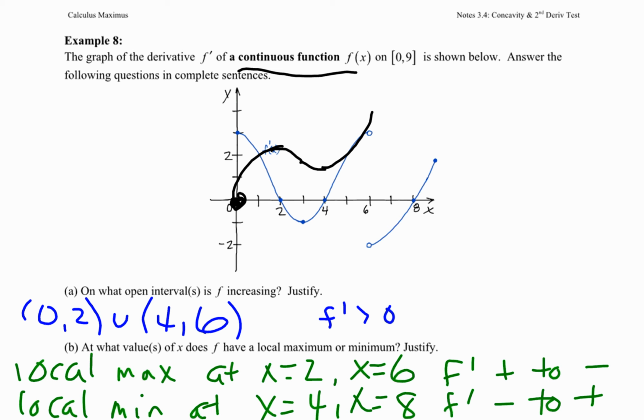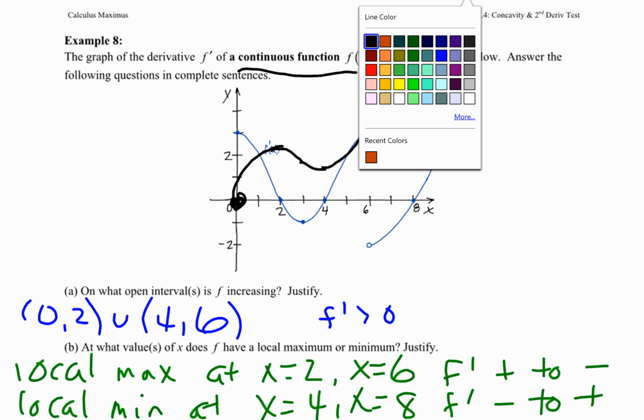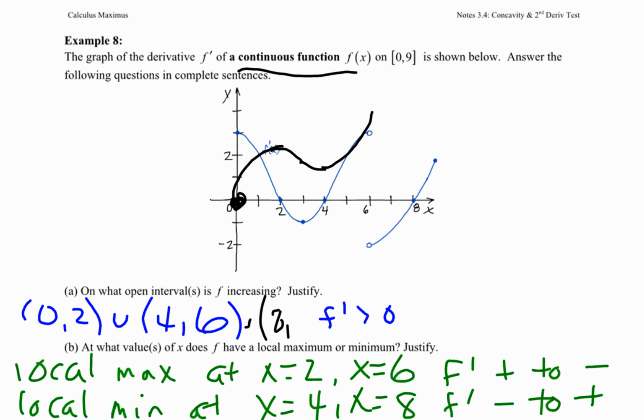I think I forgot a part here, so let me add. Also, it looks like from 8 to 9. So we need to decrease to 8, and we still need to be concave up. So we're decreasing and then increasing. So there you go. That would be a good enough graph of f.